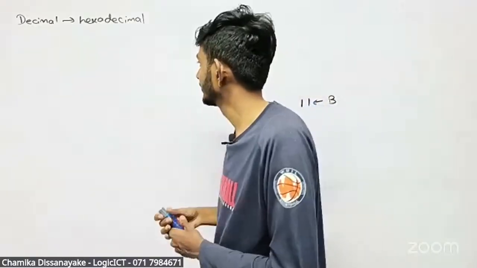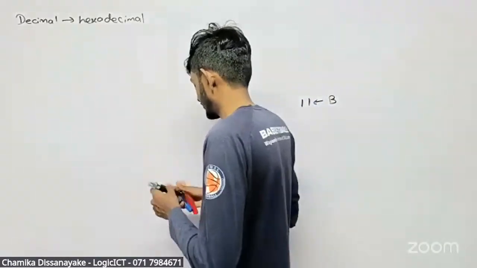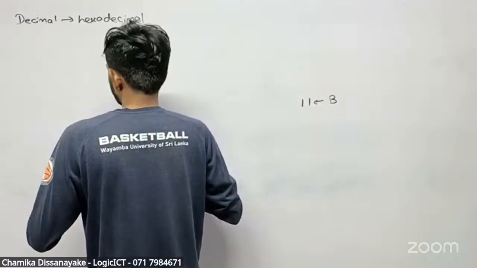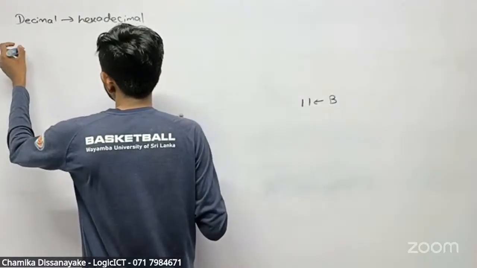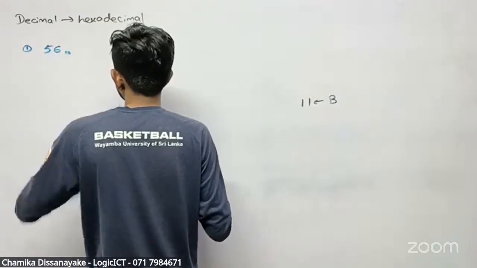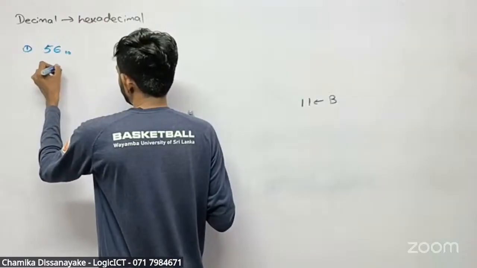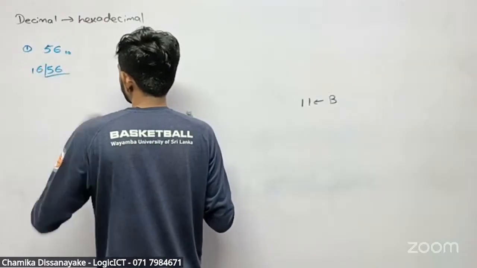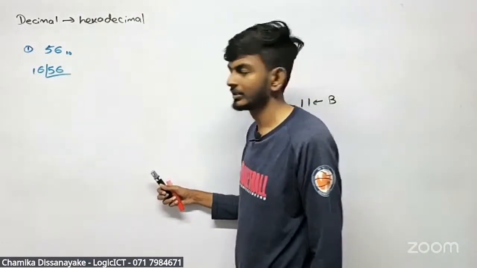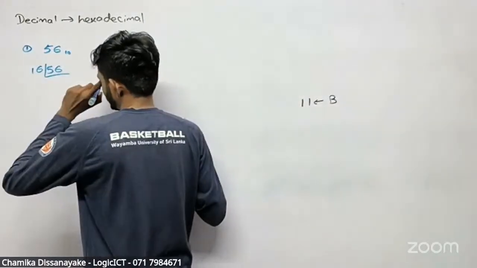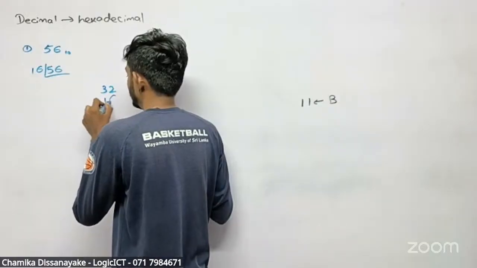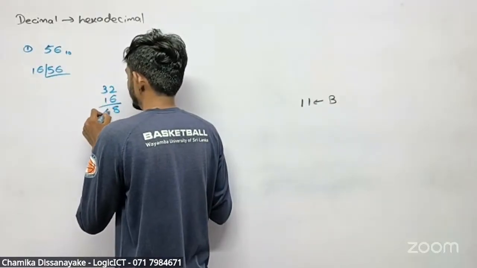Let's see what the first one will be. I will just write 56. We are going to divide 56 by 16. 16 by 16, there will be 32. 32 by 16, 8, 48.